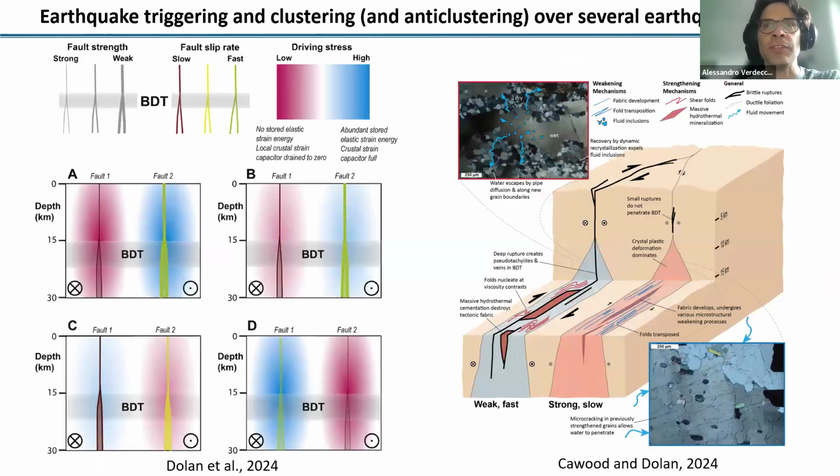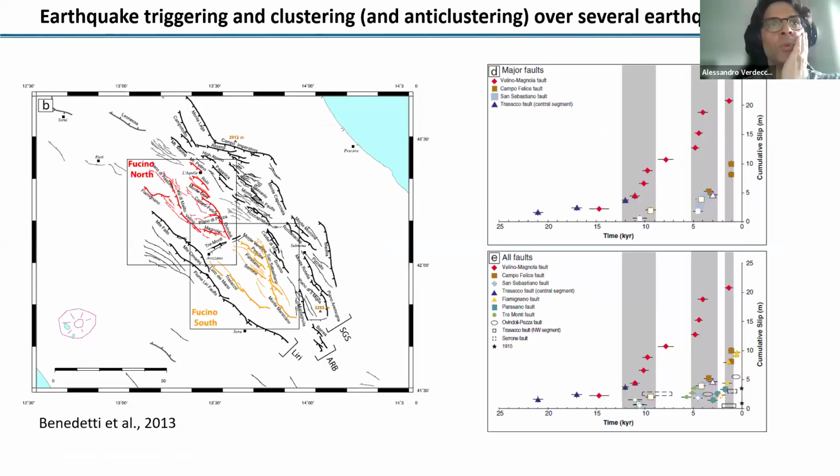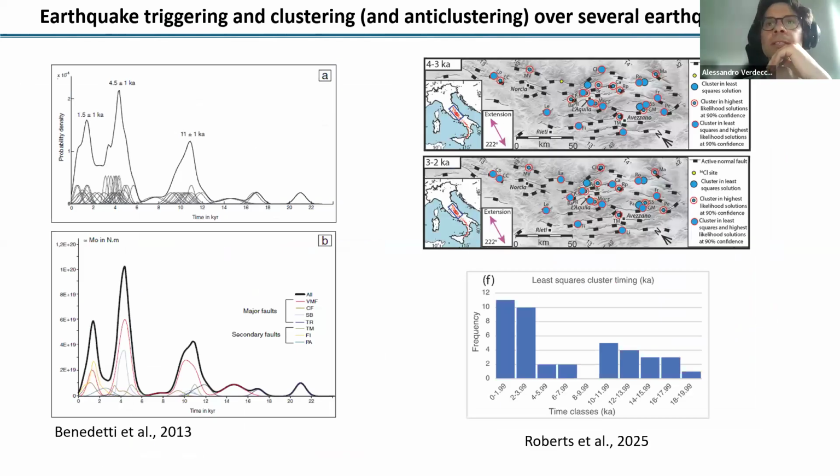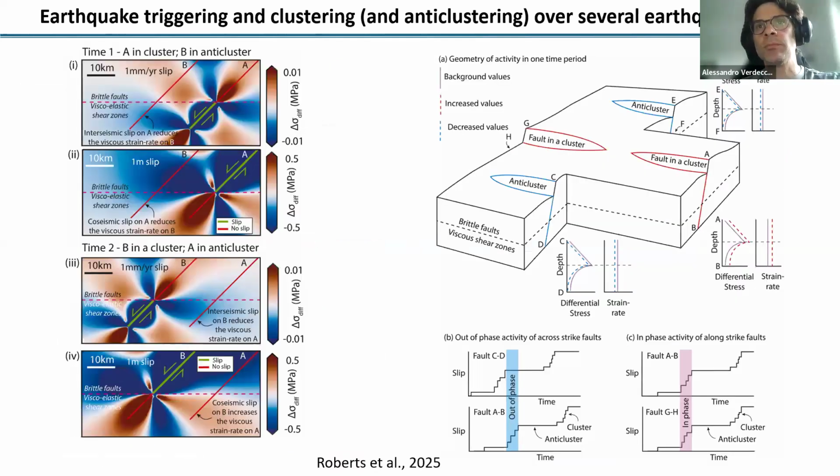There was some kind of physical way of explaining this, mostly considering weaker and stronger faults and deeper roots of shear zones of these faults. There is some work also in the Apennines, which I suggest you read. Maybe I can pass you the presentation and some of the references by a group of Benedetti et al. and Roberts and Mildon, which talk about why these clusters and anti-clusters occur over time and what the relationship is among faults in areas of distributed seismicity and deformation, why this actually happens and how we can model it.